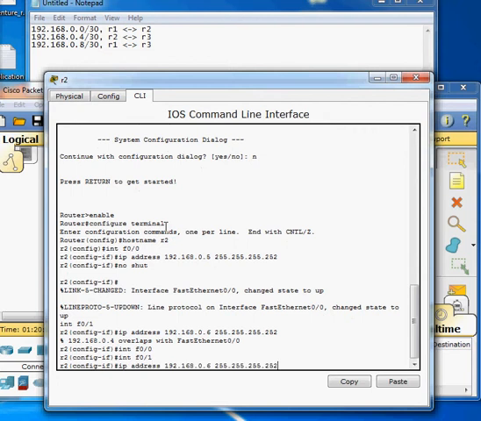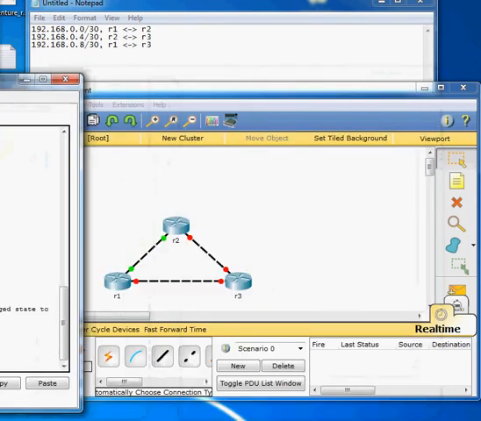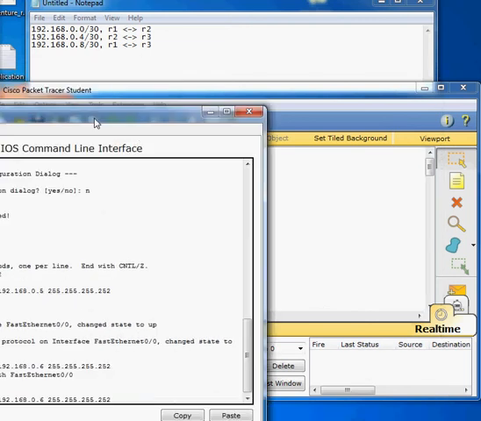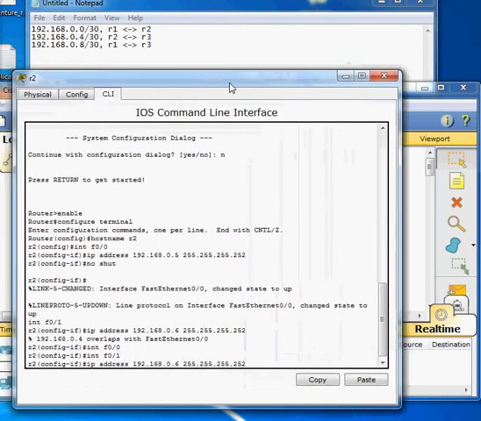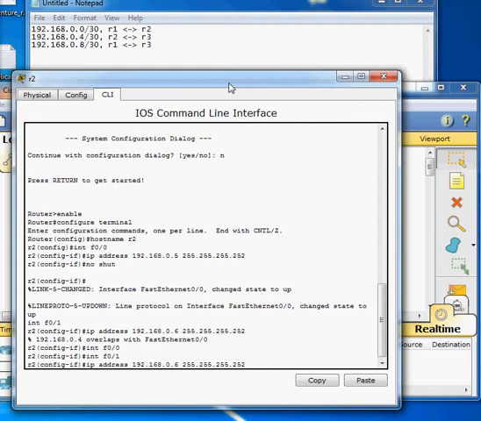Let's see what happened. It's not happy about something, so the connection from... alright, so I did R1 to R2, now I need to do R2 to R3. Alright, let me see what I did here.